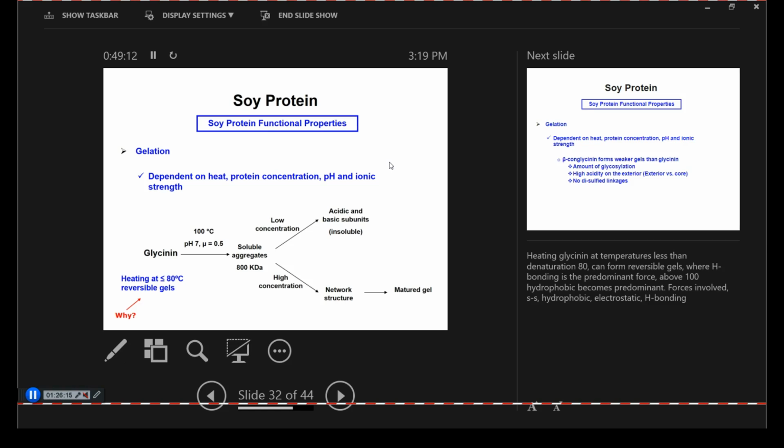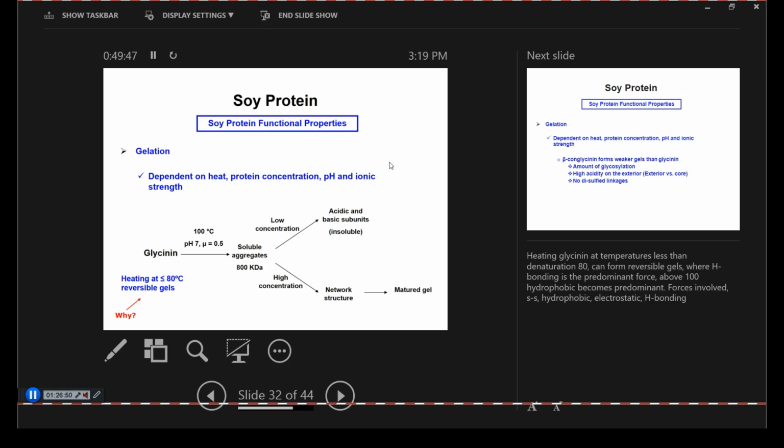However, if we heat at higher than 90 degrees, say 100 degrees, we're denaturing the protein, opening it up, and allowing disulfide interchange. Therefore we are allowing not only hydrophobic interactions and water-protein interactions, but also disulfide linkages to stabilize that gel. So heating temperature is really important. Of course, the rate is very important because we talked about the rate earlier. If you are heating at a high rate, then you're forming aggregates and precipitation.